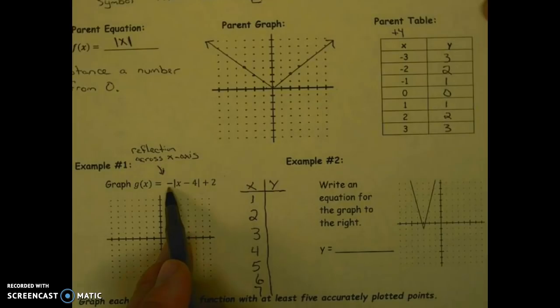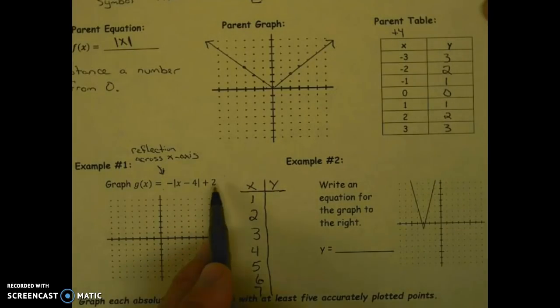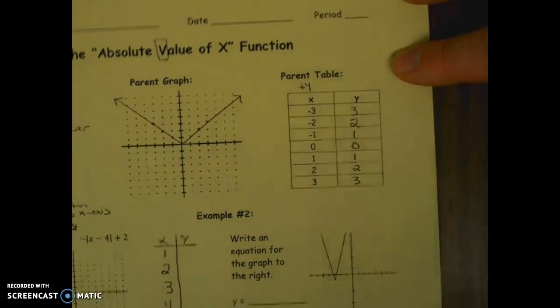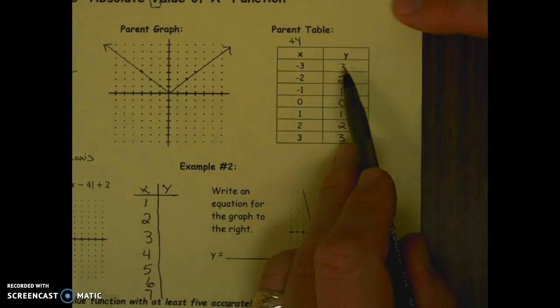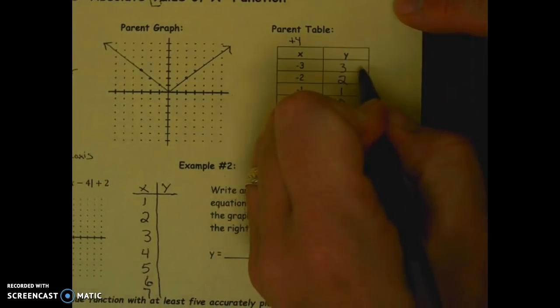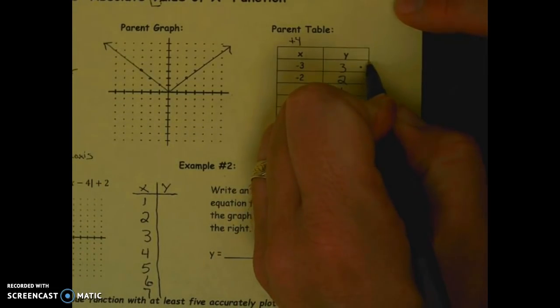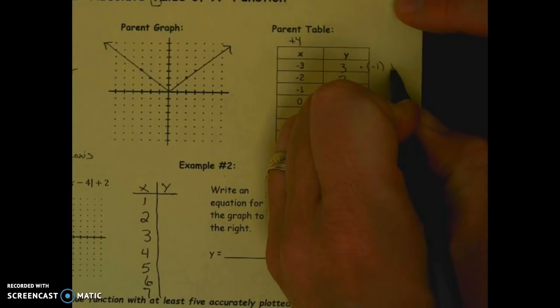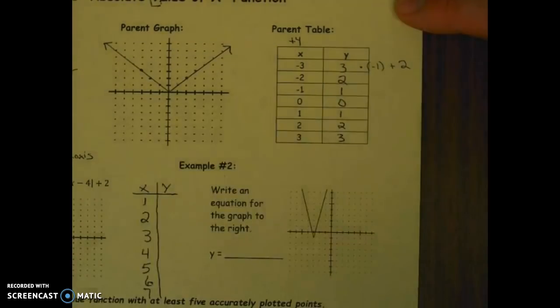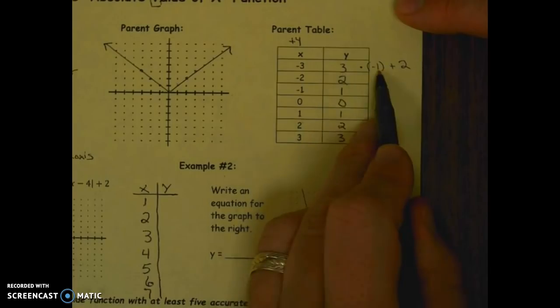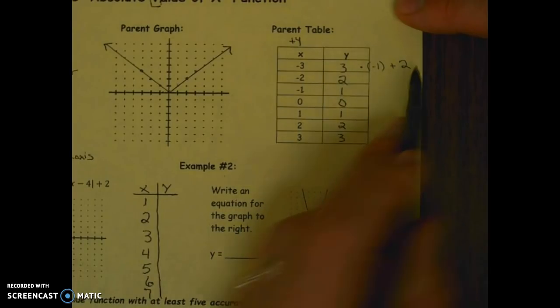So we're going to multiply our y values by -1 and add 2 using order of operations. Okay, so 3 times -1 plus 2. So that's going to give us -3 plus 2, which is -1.